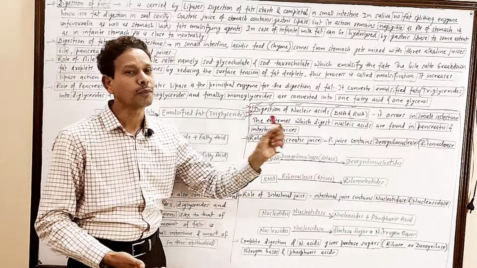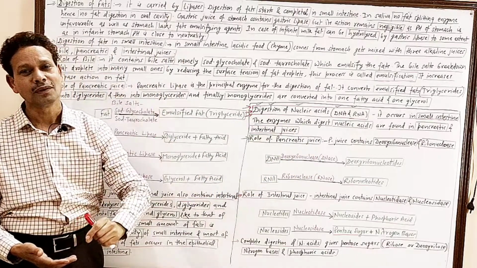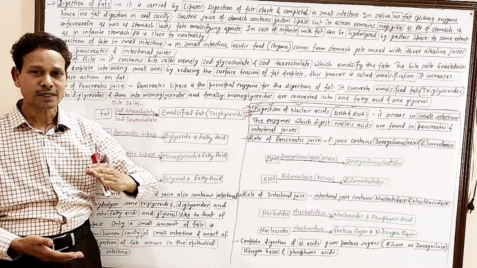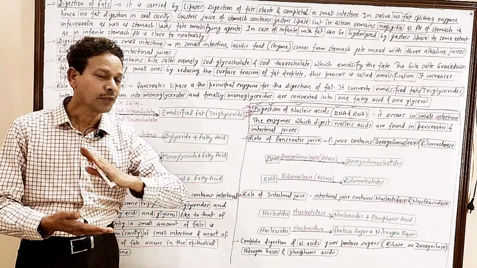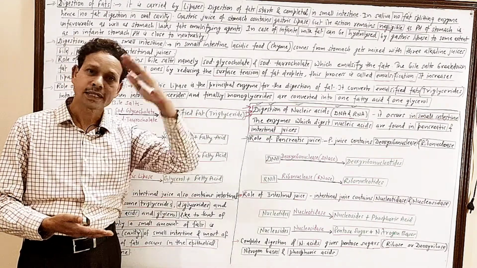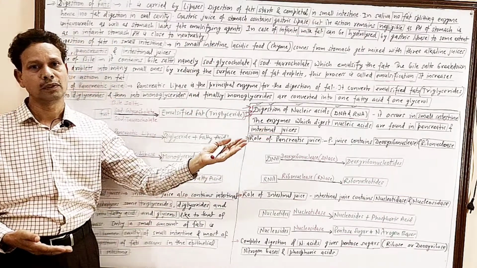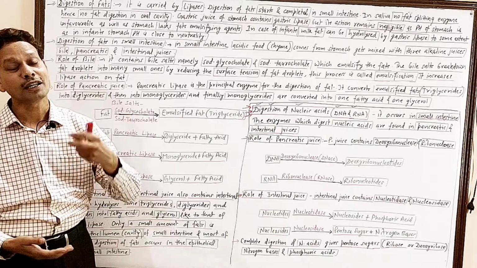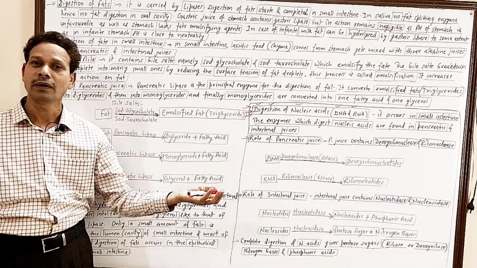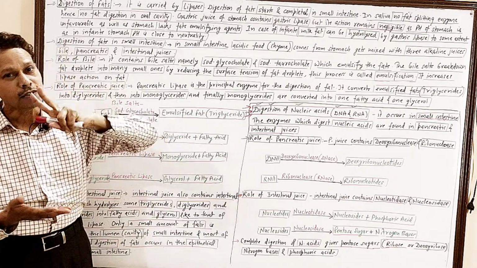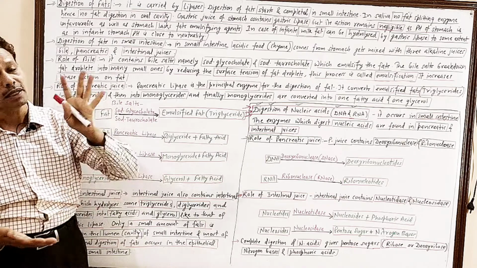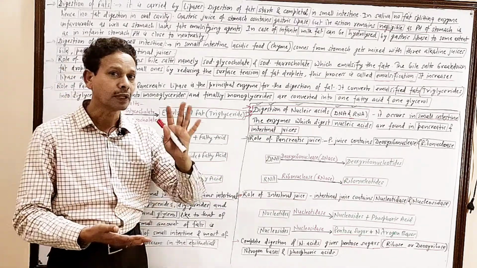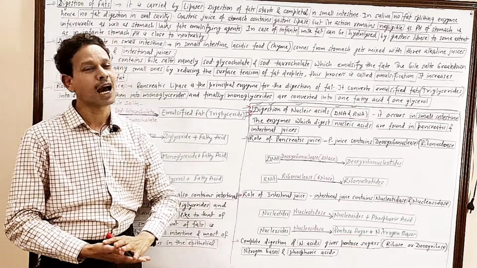And this digestion of nucleic acids also occurs in the small intestine, because for the digestion of nucleic acids, saliva has no role, gastric juice no role, as well as liver, the bile juice, no role. Means the enzymes for the digestion of nucleic acids are present in pancreatic juice and in intestinal juice.